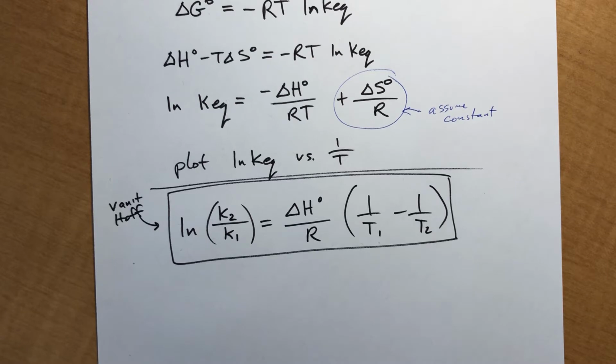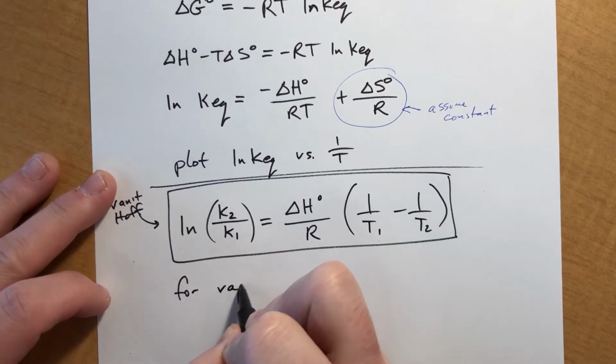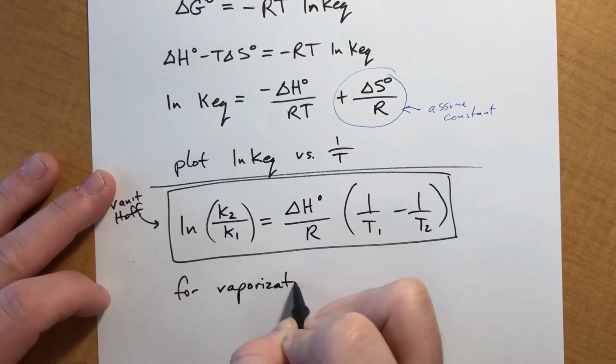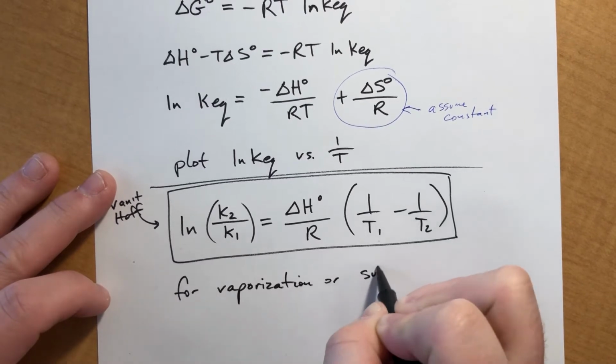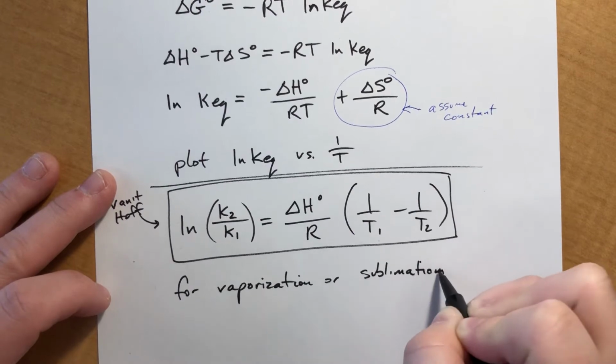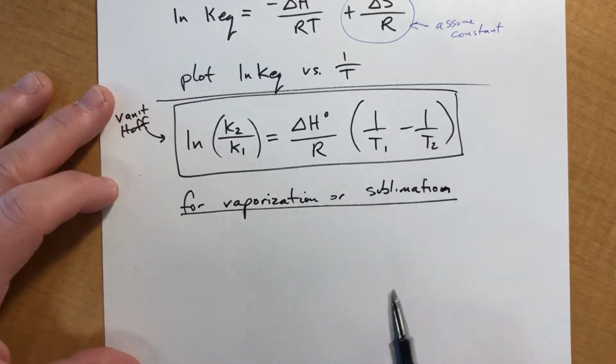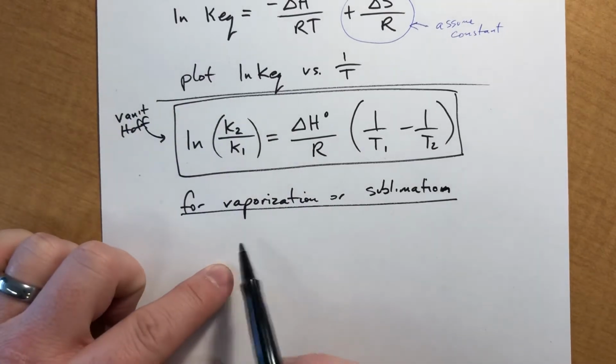And your equilibrium constant, if you have a sublimation or a vaporization process, in other words, you're going from a liquid to a gas or a solid to a gas, so basically a phase change.